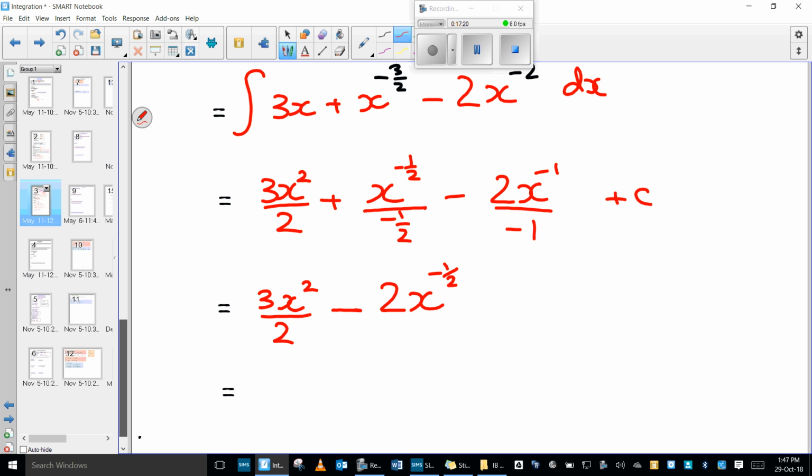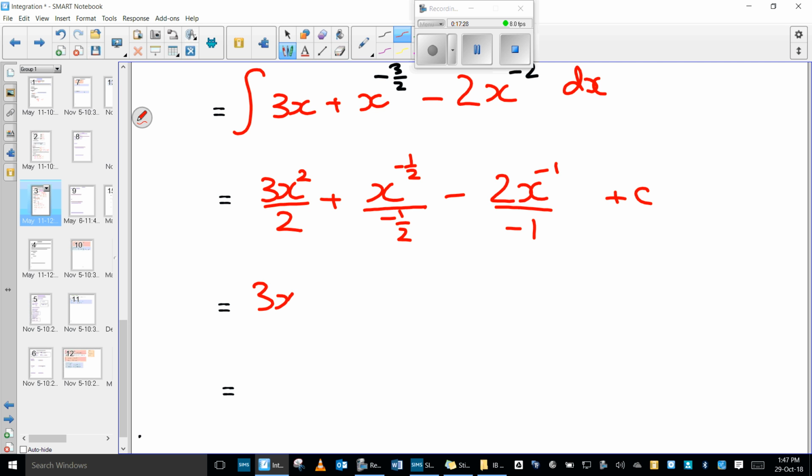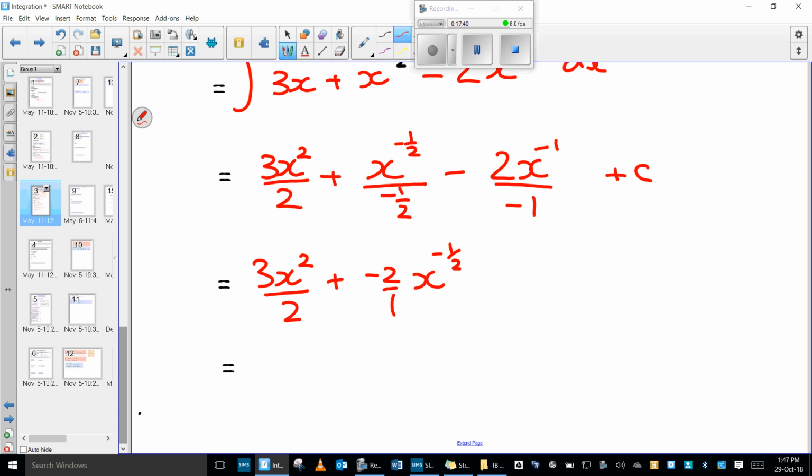Was that too quick? Yeah, very. Alright, well let's leave it like this then. We'll plus negative 2 over 1 x to the negative a half. So I've gone from negative 1/2 to negative 2 over 1.